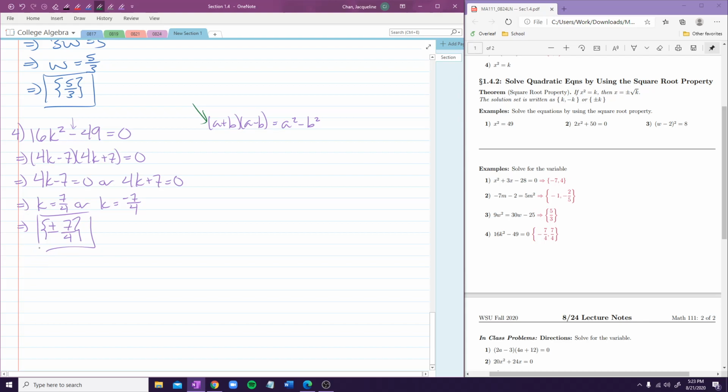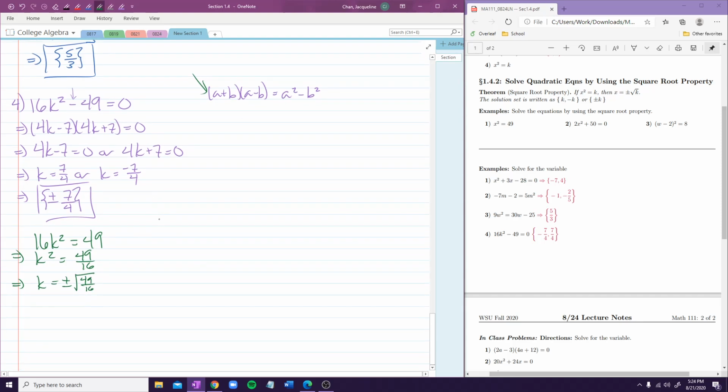If we add 49 to both sides, we get 16k squared is equal to 49. Divide 16 from both sides, you'll get k squared is equal to 49 over 16. So we get k is equal to plus or minus the square root of 49 over 16.